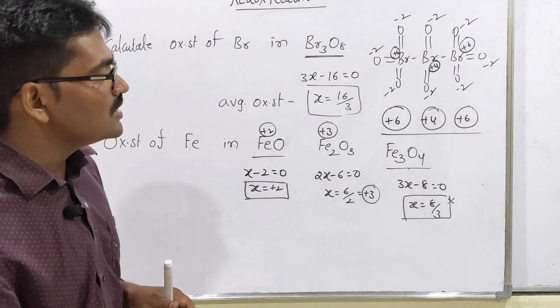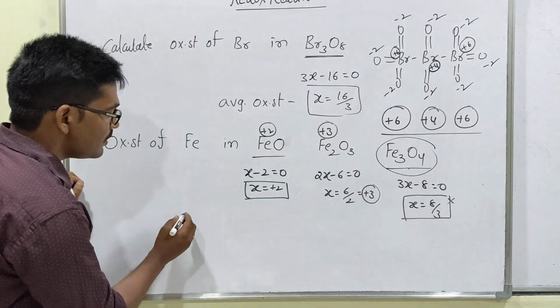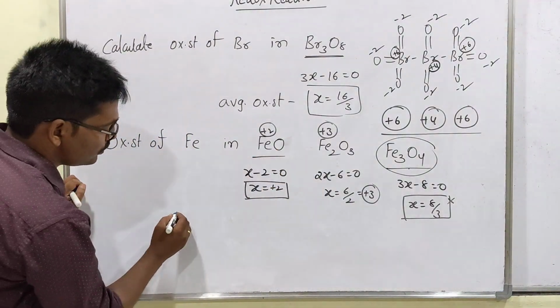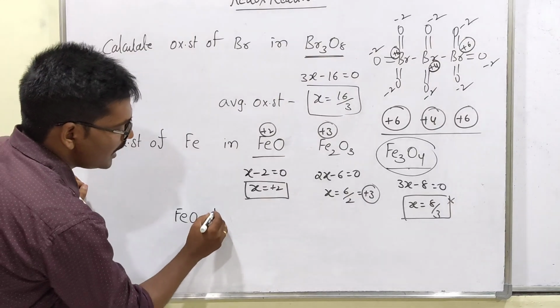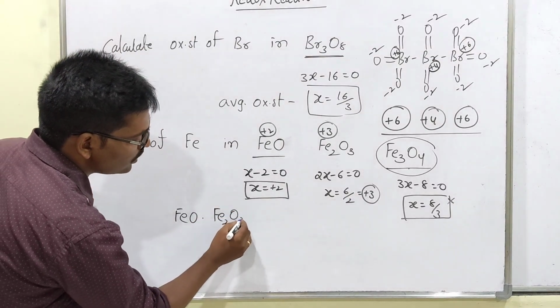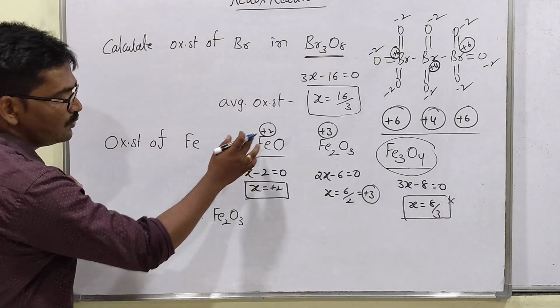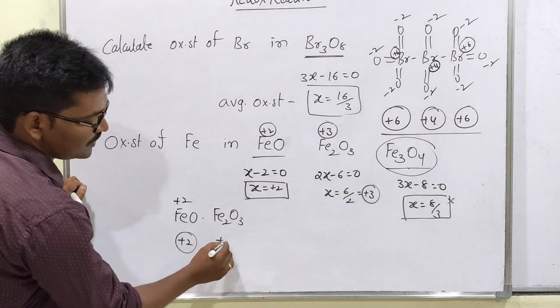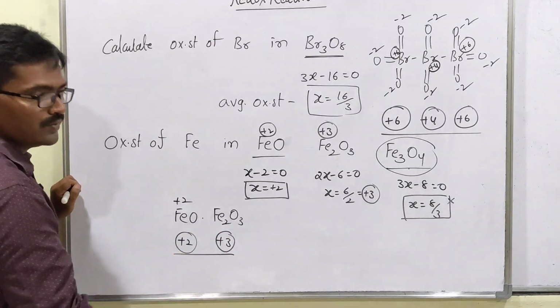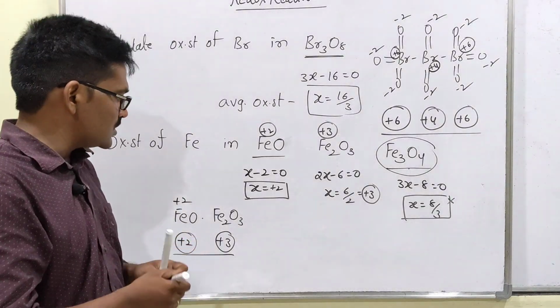If you want the exact oxidation state, remember, my dear students, Fe3O4 is a combination of FeO and Fe2O3, both mixed together. We already found plus 2 oxidation state in FeO and plus 3 oxidation state in Fe2O3. So this is the oxidation state of both.